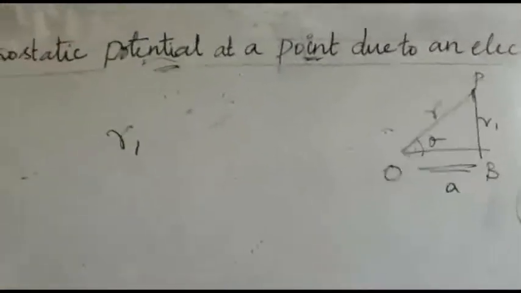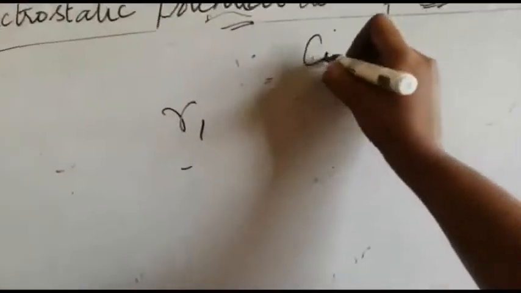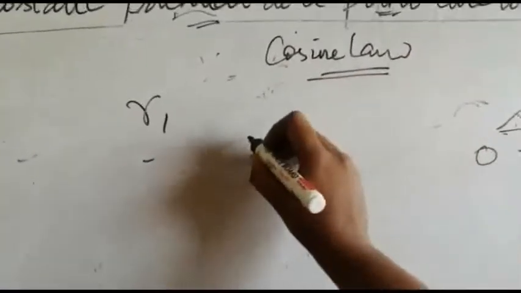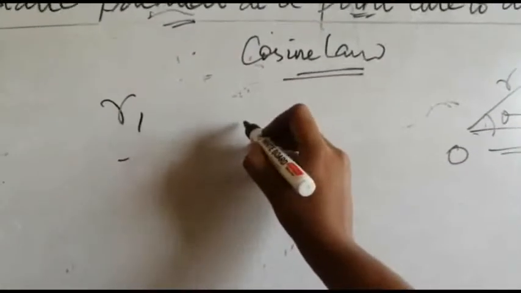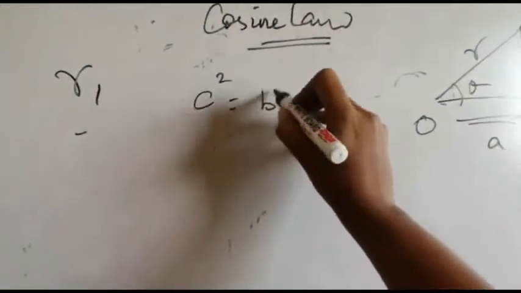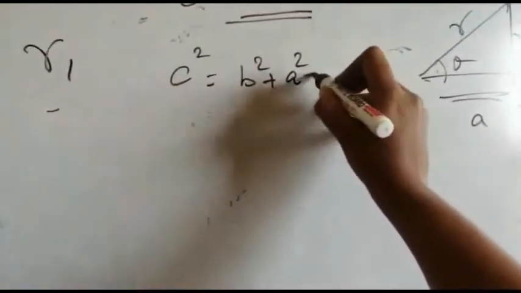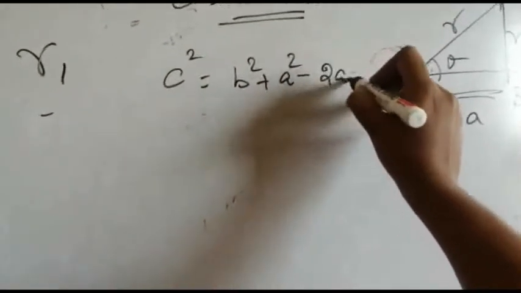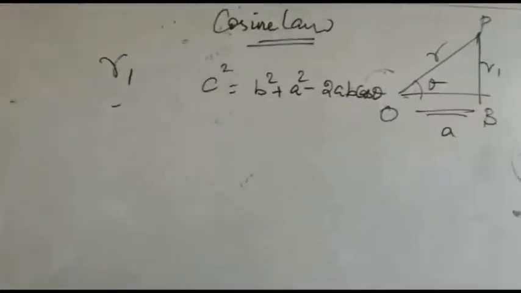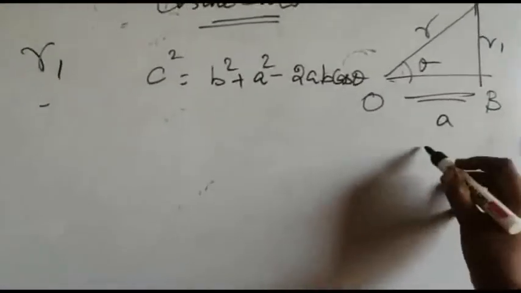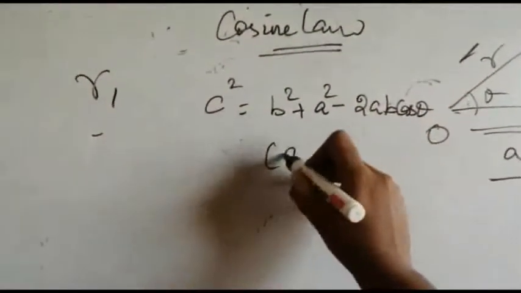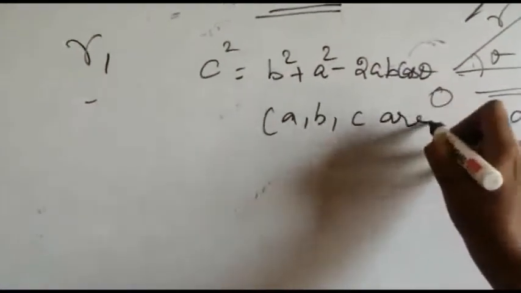So to find R1, use the cosine law of a triangle. The cosine law is C square is equal to B square plus A square minus 2AB cos theta, where A, B and C are the sides of a triangle.